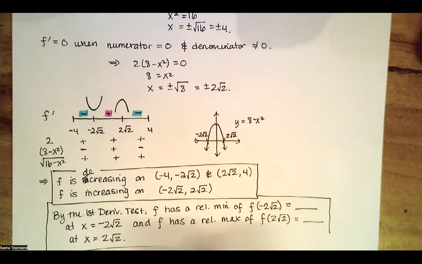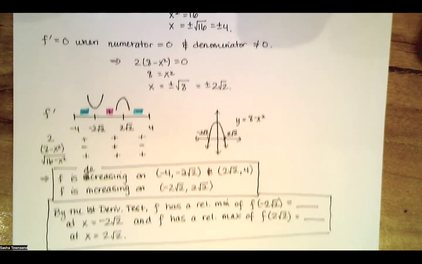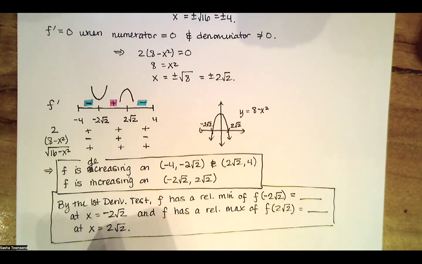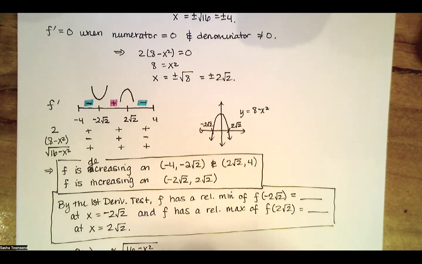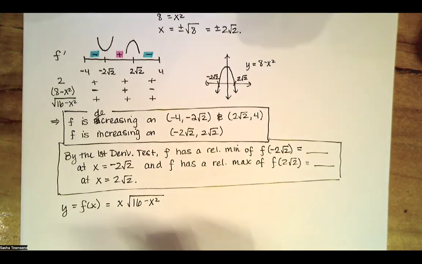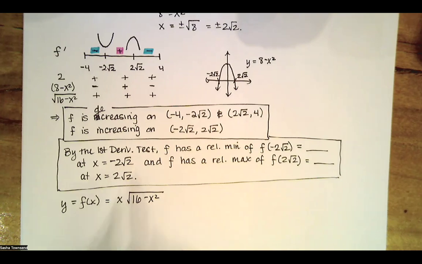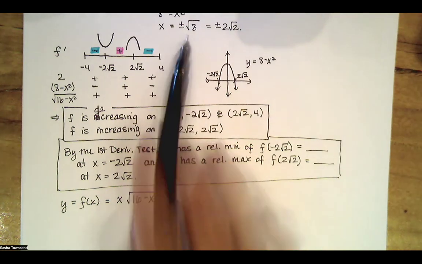Now, if you want to, you can find those numbers relatively easily. y was equal to x times the square root of 16 minus x squared. And x equals plus or minus 2 times the square root of 2. It's actually the square root of 8. That was the square root of 8 that was simplified.